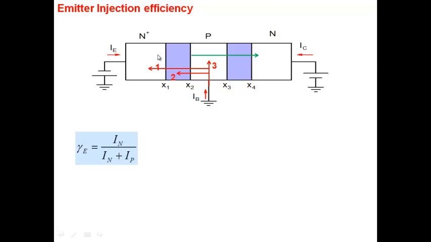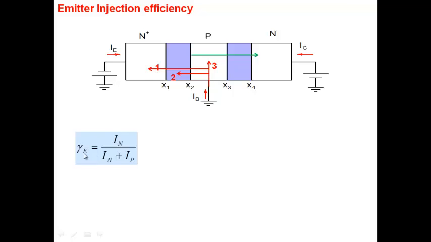And you want the emitter to be efficient in injecting electrons. You don't want a lot of holes injected into the emitter, because that contributes to base current and lower beta. So emitter injection efficiency means how efficient is my emitter in injecting electrons as compared to the holes.